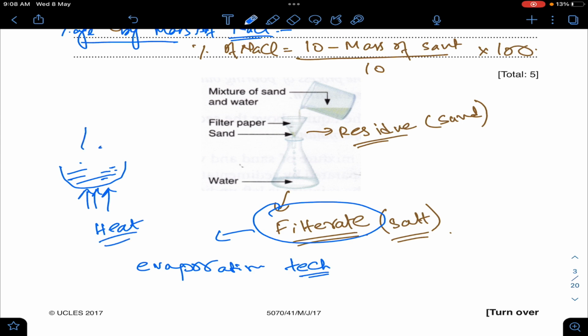So all the water will evaporate, as sodium chloride or salt is an ionic compound, so it will not evaporate. It has a high melting point and boiling point. So all the water will evaporate, and you're left with the salt. Then you can easily weigh the salt, and then find out the percentage. So this is an alternative way.